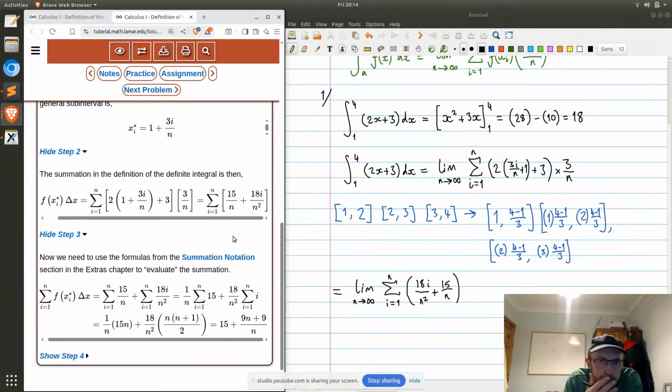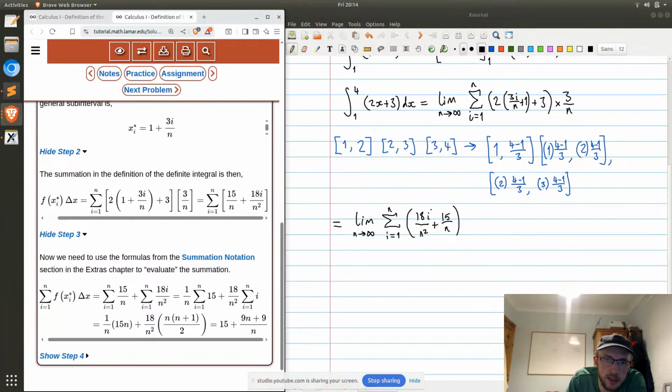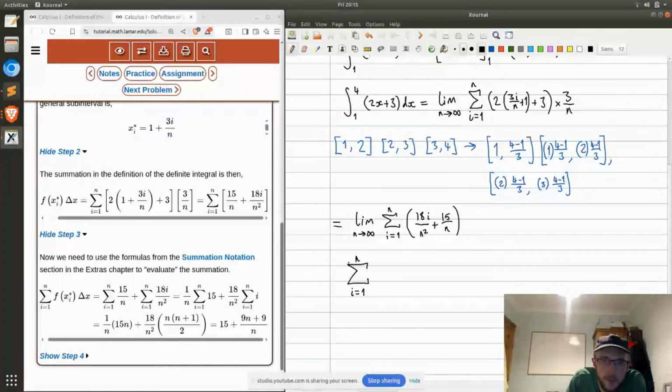Okay, so now what are they doing here? Well, first, just ignoring this whole limit, let's just suppose that n actually is fixed, right? Then we'll split it up into a pair of sums with summation notation.